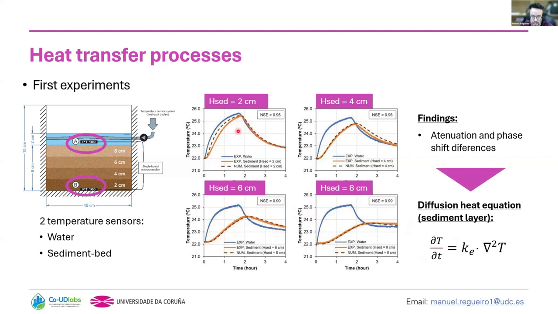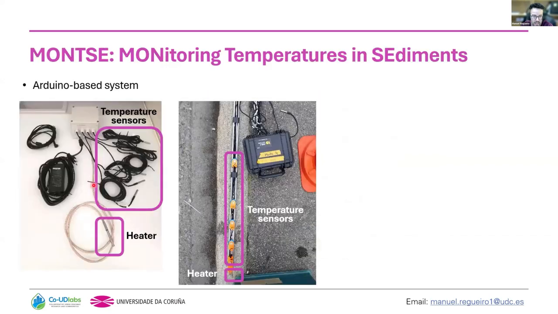Based on the water temperature and the sediment depth, we can model the temperature at the bottom of the sediment. But the idea for us is the opposite: using the temperature both at the top, I mean in the water layer, and at the bottom, to obtain the sediment depth.